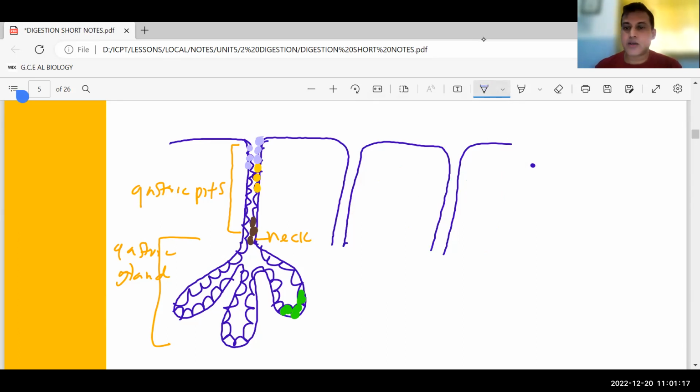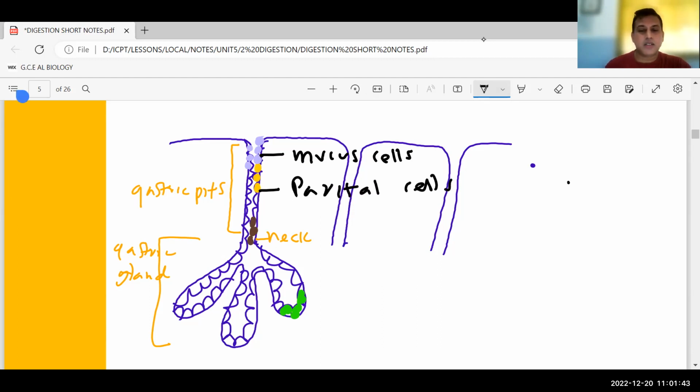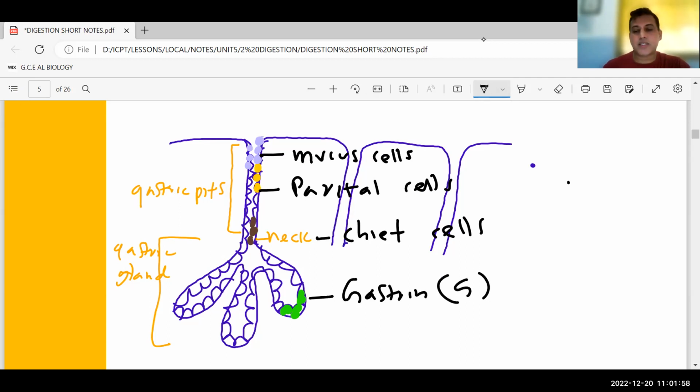So let's name these cells now. These cells are called mucus cells, these cells are called parietal cells, these cells are called chief cells, and these cells are called gastrin or G cells.